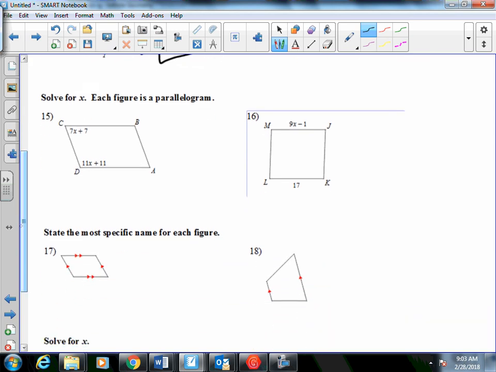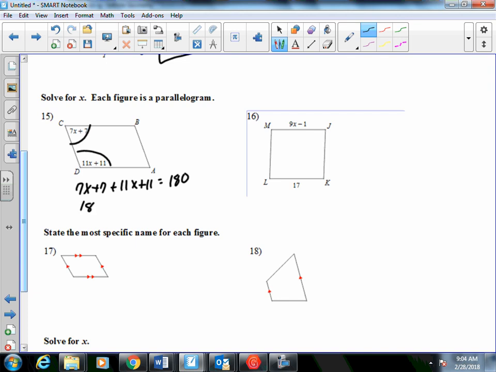All right, solve for x. Each figure is a parallelogram. So once again, using those same rules, the two consecutive angles, C and D, coming one right after the other, have to be supplementary. So that's going to be 7x plus 7 plus 11x plus 11 has to equal 180.